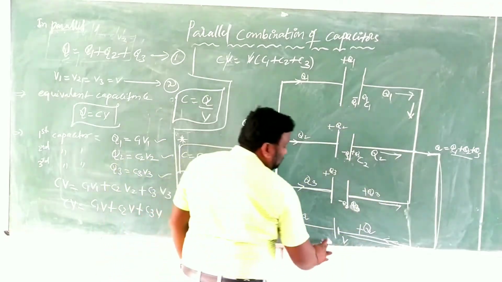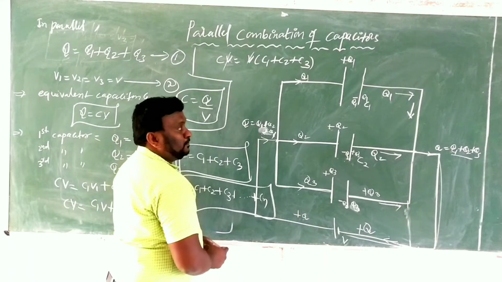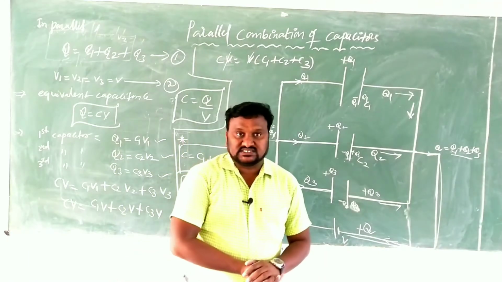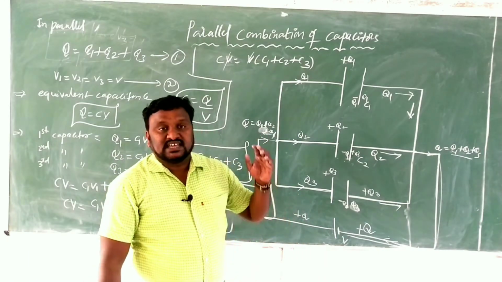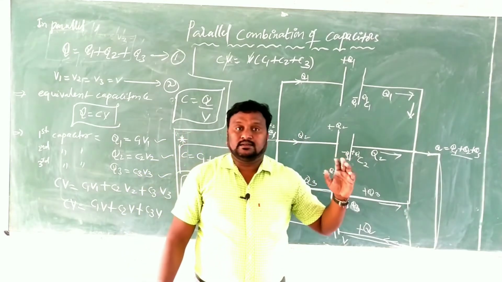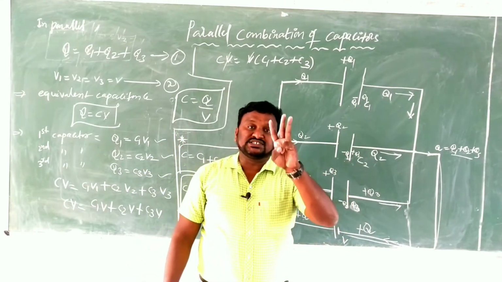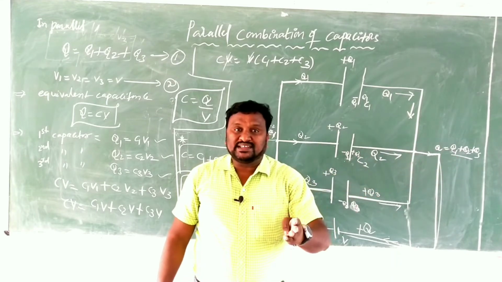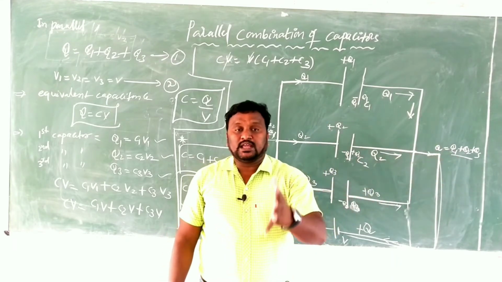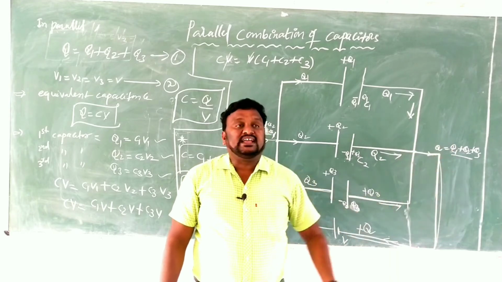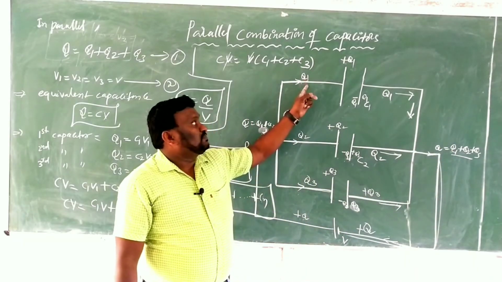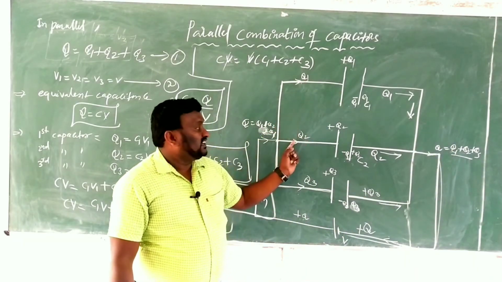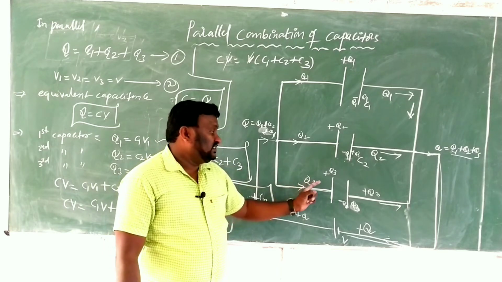Across these 2 points we are giving some battery. In this case, the charge supplied by the battery is split into 3 ways because we are taking 3 capacitors. If we take 4 capacitors, 4 paths; if we take 5, 5 paths. Here the charge supplied to the first one is Q1, next one is Q2, next one is Q3.